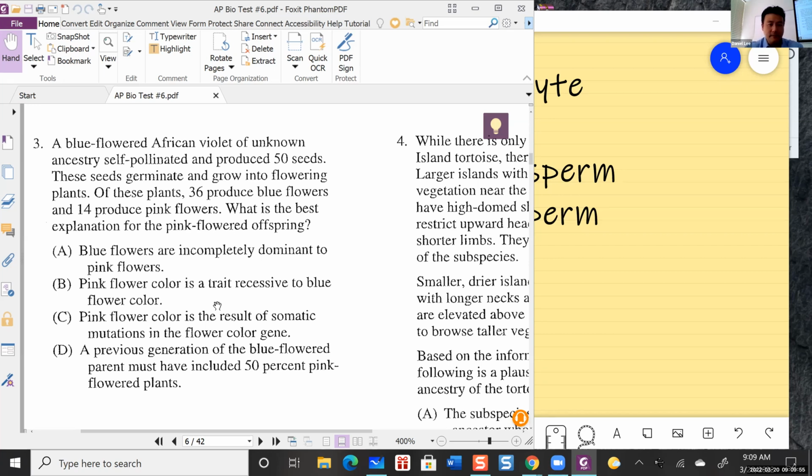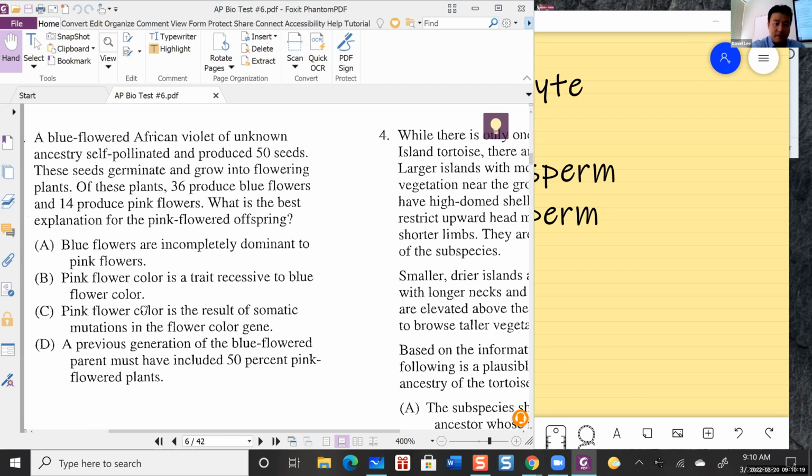So this is about 3 to 1, the best we can. They don't give you the exact number. You know, in reality, nothing is really exact, but this is the closest 3 to 1 ratio. And you only have 2 phenotypes, so you're not going to be thinking about incomplete dominance. Because with incomplete dominance, then you're going to get 3 different colors, right? So that's pretty easy. So the answer is B.